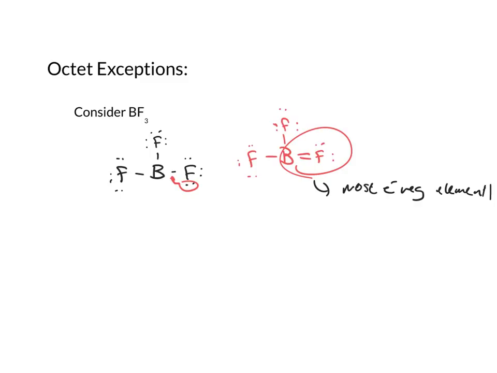Nothing can take away fluorine's electrons when it's bonding. It just can't, right? In this case, it has a positive charge. We can't just, no. Fluorine will never double bond. Fluorine never double bonds.